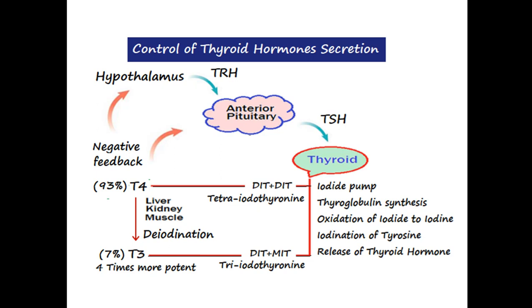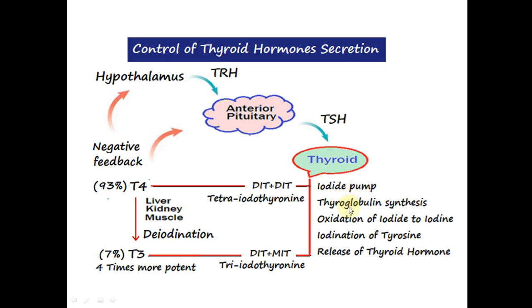Now the whole process of the formation of thyroid hormones started with the iodide pump, in which the iodine is taken up by the follicular cells and causes a high concentration of the iodide in the follicular cells.